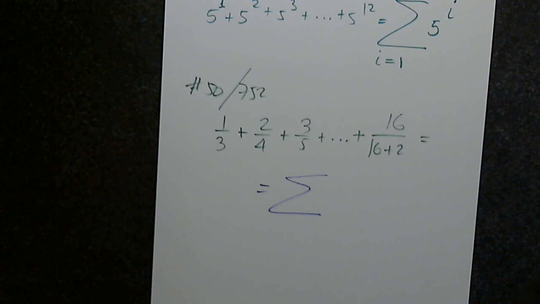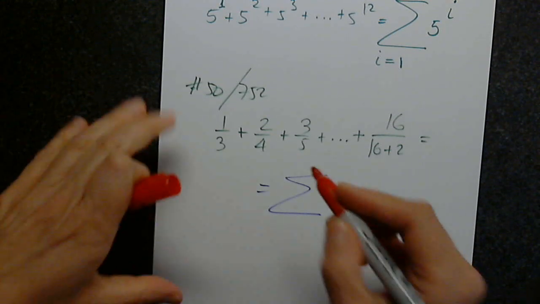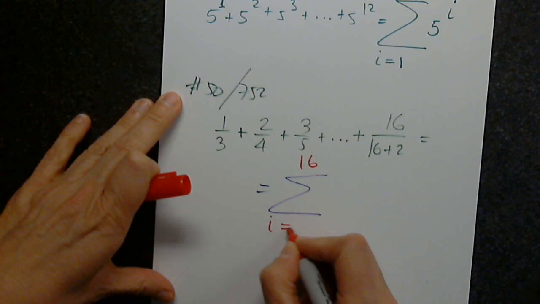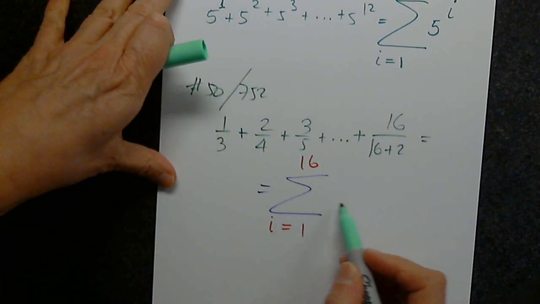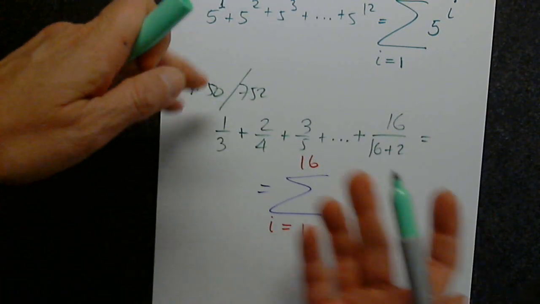Let's identify first how many terms does this sum have. 16. Indeed, 16. From I equals which one? 1. Yes, those sums don't have to start at 1. But this one, like the ones we looked at, starts at 1. Good. So now what do I write here?